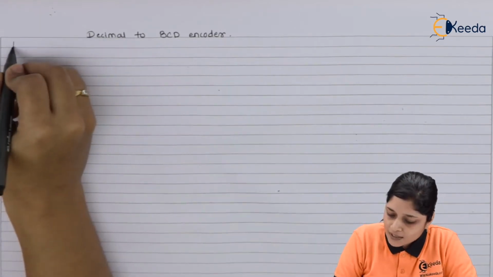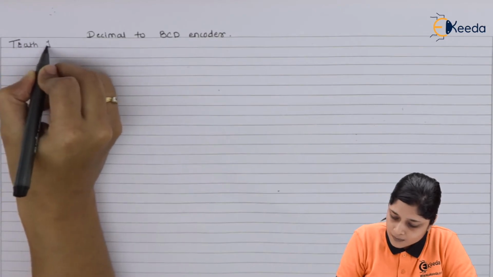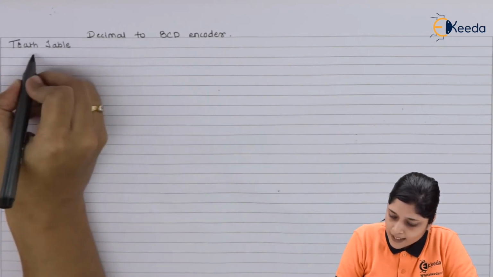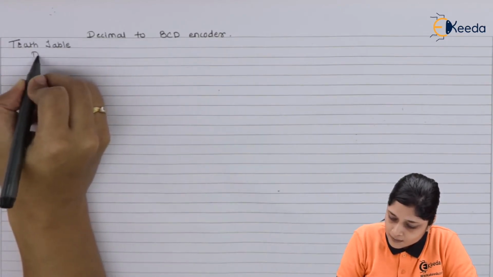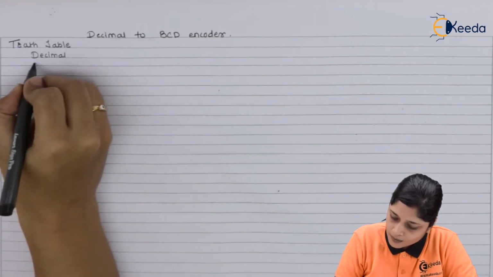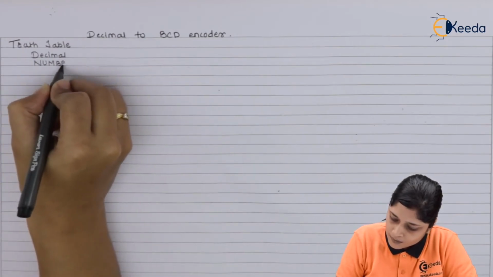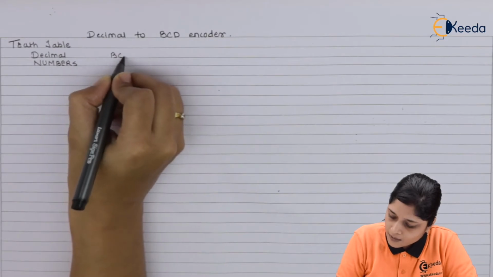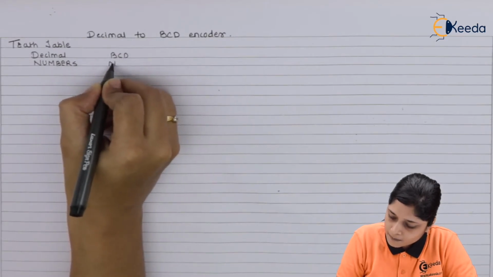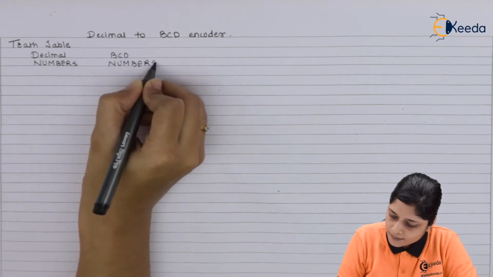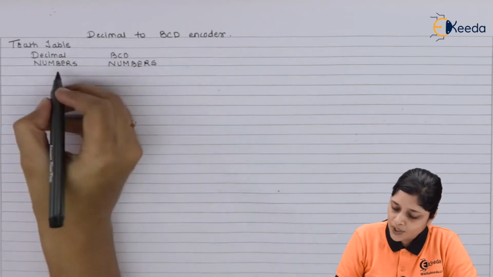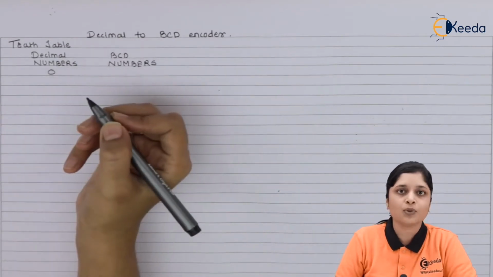So, if you consider the truth table, it has decimal numbers and BCD numbers. So decimal numbers we have from 0 up to 9.